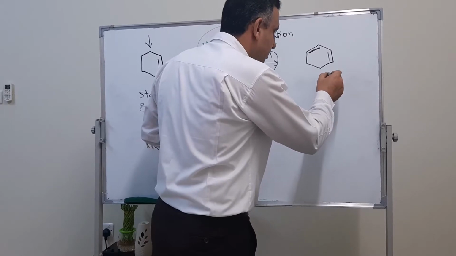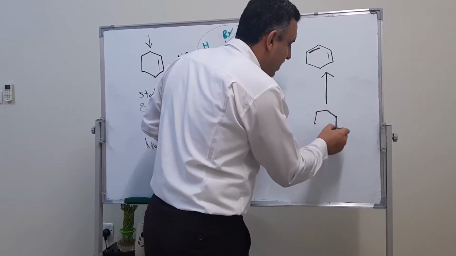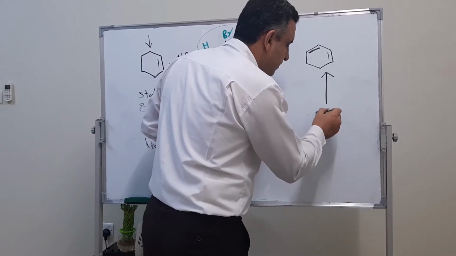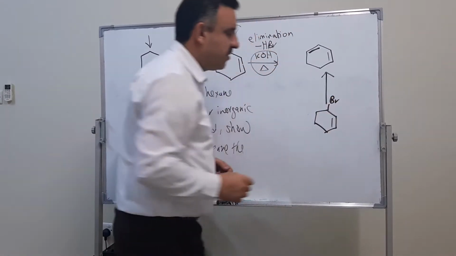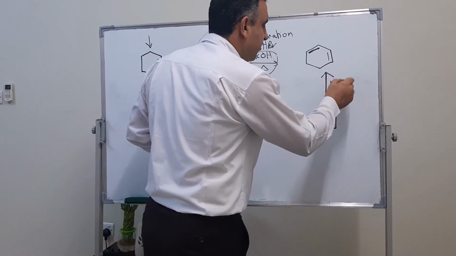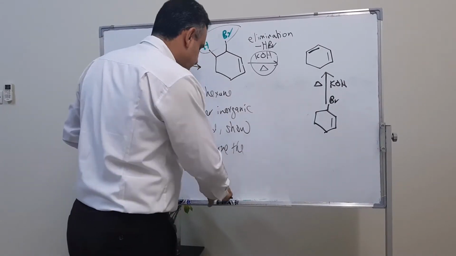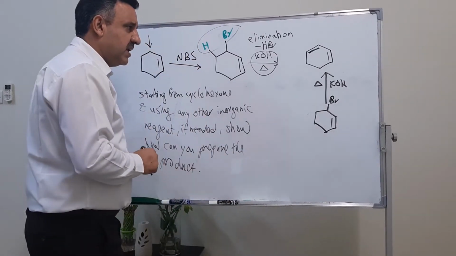This can be prepared from the corresponding allyl bromide. If we have allyl bromide like this, by allowing it to react with KOH or sodium hydroxide in presence of a little bit of heat, we can get it.